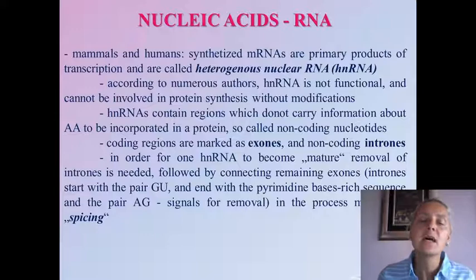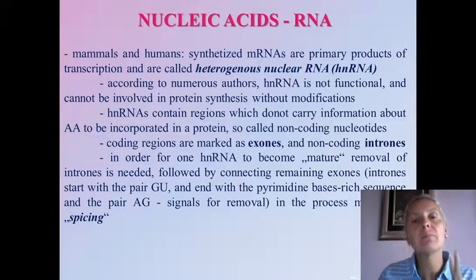So heterogeneous nuclear RNA actually contains regions which do not carry the information about the amino acids to be incorporated in the structure of a protein. We call those regions non-coding regions or non-coding nucleotide sequences.